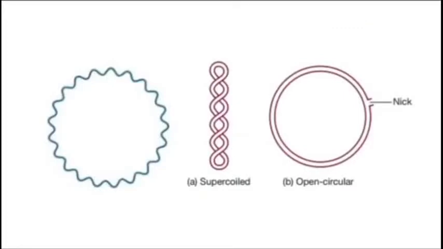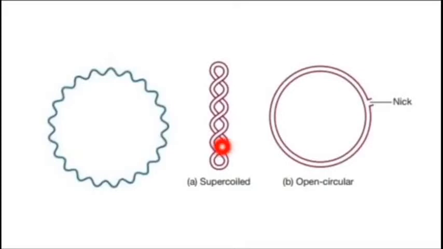On the basis of the shape of DNA, they are classified into three types, namely circular DNA, relaxed DNA and supercoiled DNA. Single-stranded circular DNA is found in some viruses like Phi-X174. Double-stranded circular DNA is found in bacteria, most of the viruses, mitochondria, chloroplast, etc. The circular DNA without any helical coiling is called the relaxed DNA.